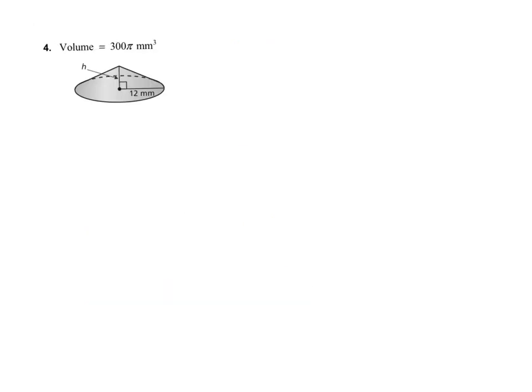Number 4, they're asking us to find what the height is. So we need to find out just exactly what the height is, how tall this cone is. And they've got 300 pi. Now I'm going to show you guys how to do it just that way. You can do it that way. Remember, you've got volume is equal to pi times radius squared times height, whole thing over 3.